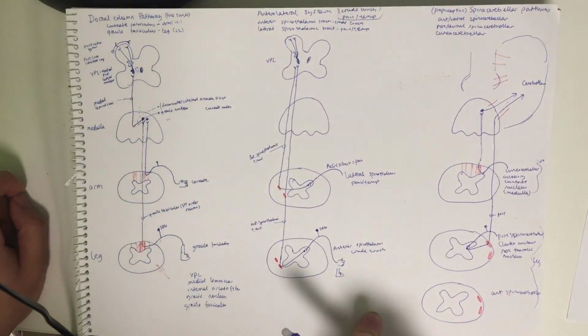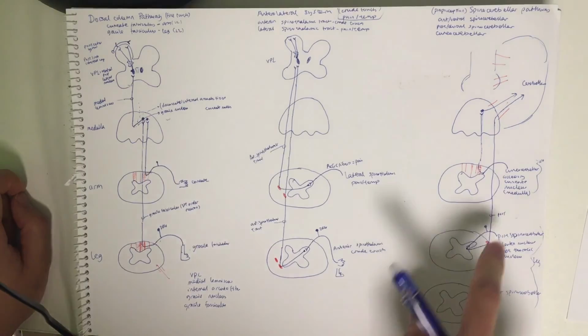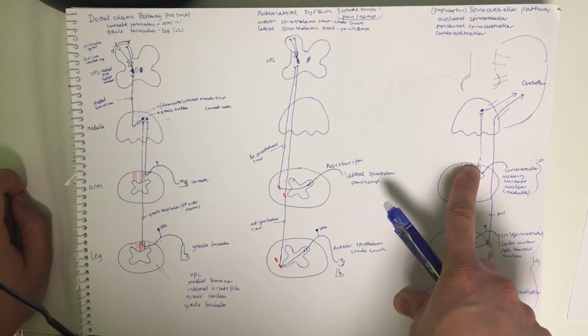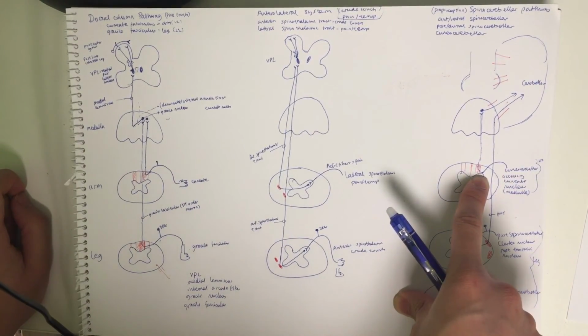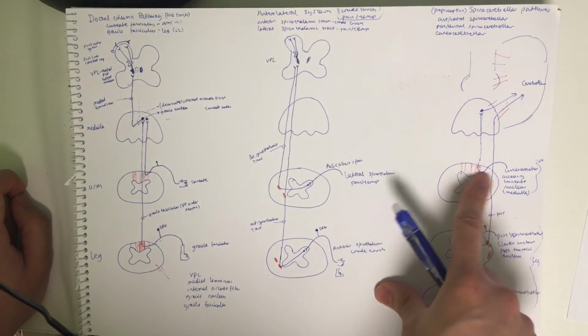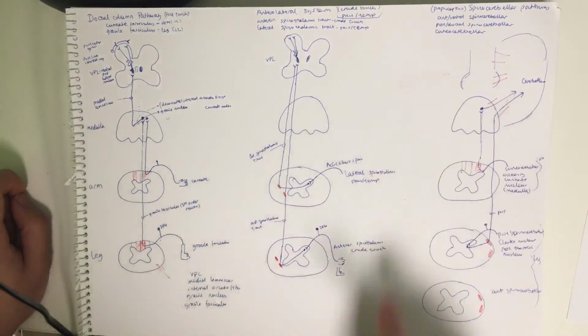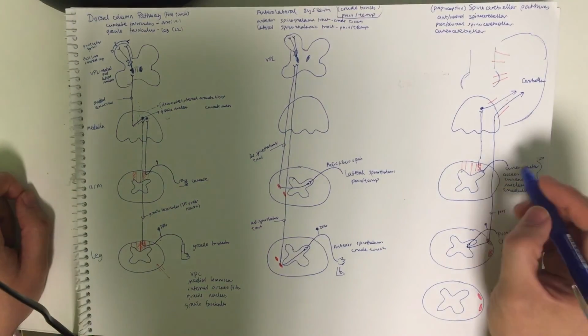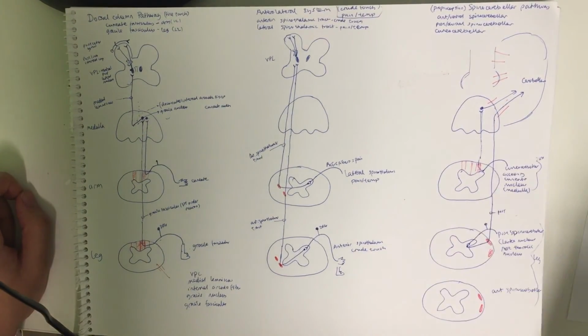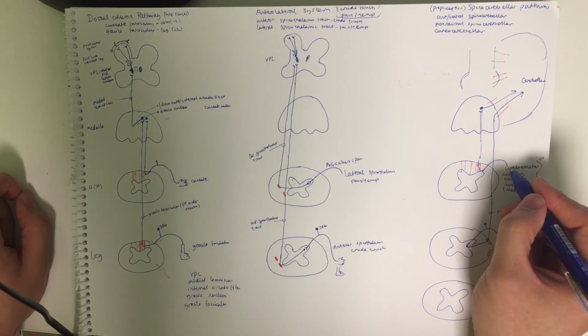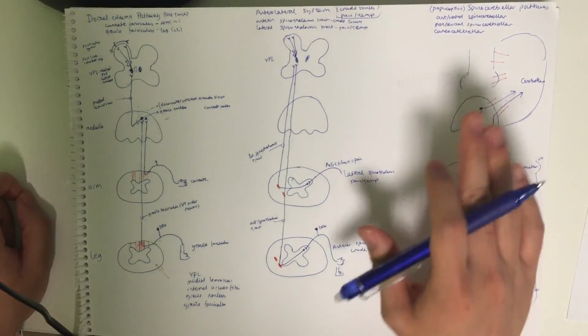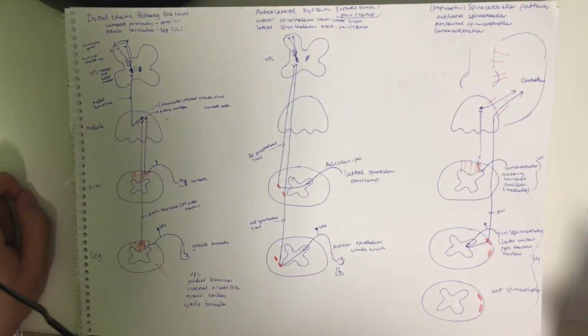It's called the accessory cuneate nucleus. This one, take note, did not synapse at the level of where it entered. Instead, it goes up into the medulla, and that's when it synapses. The cuneo should give you the idea, or make you remember, that it's got a different name, so it's going to go to medulla.